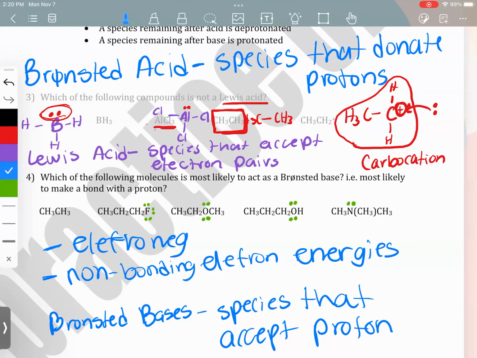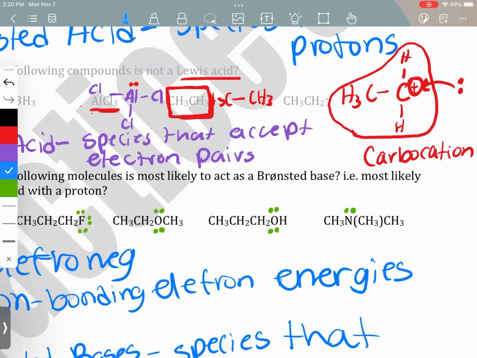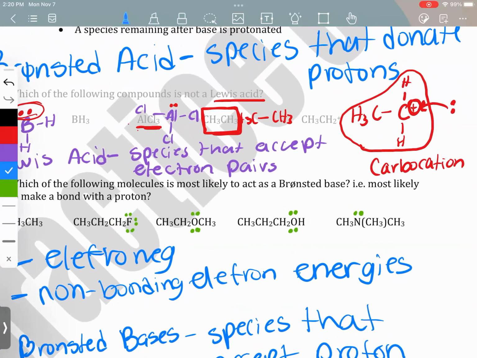Which of these non-bonding lone pairs are higher in energy? The ones that are highest in energy will always be the ones that react first with anything, so that would react with a proton. So you have non-bonded pairs on a fluorine, 2 sets on these 2 oxygens here, and 1 on a nitrogen.